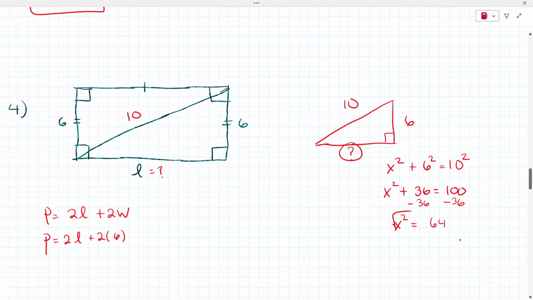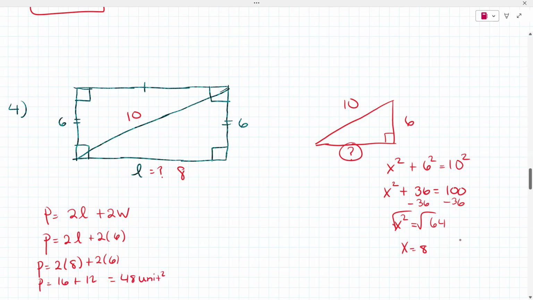Take the square root of both sides, and you get x equals 8. So now we know our length is 8. So the perimeter is going to be 2 times the 8 plus 2 times the 6. That is 16 plus 12, which is 28.